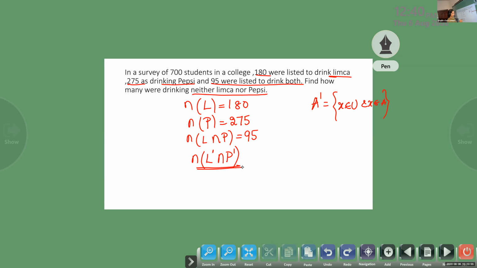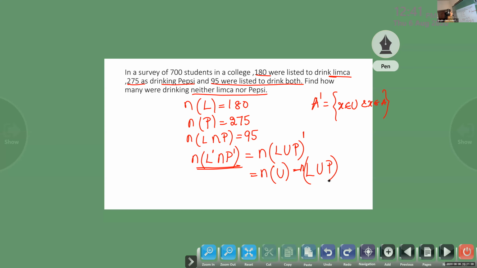So n of L dash intersection P dash will be the same as, if you apply De Morgan's law, what will you get? n of L union P the whole dash, which is the same as n of universal set minus n of L union P. L union P the whole dash is the same as the universal set. From the total set, we have to subtract those who are drinking.